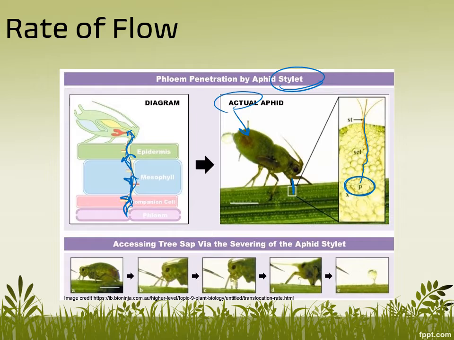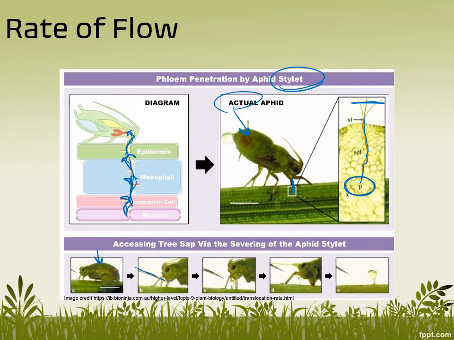So scientists decided that it was way easier to let an aphid stick its stylet into the phloem. Easier to do that than for us scientists to try to stick a needle into the phloem. The aphid will stick its stylet into the phloem, and then the scientist will use tiny little scissors and cut off the stylet. We just chop it right off.